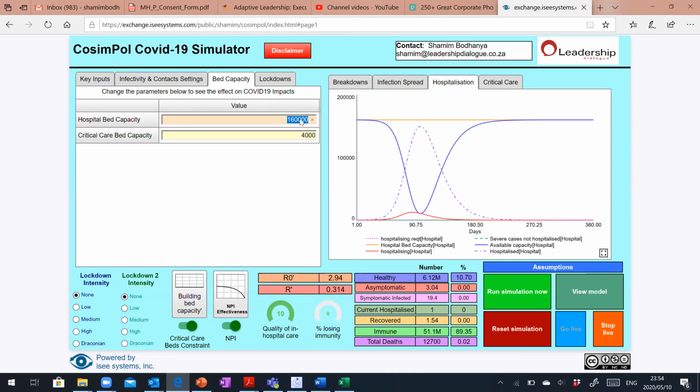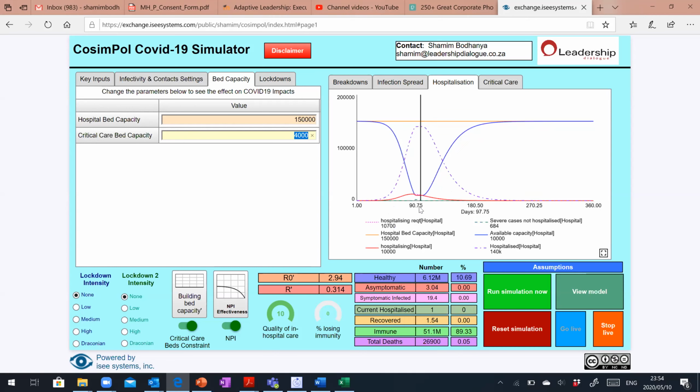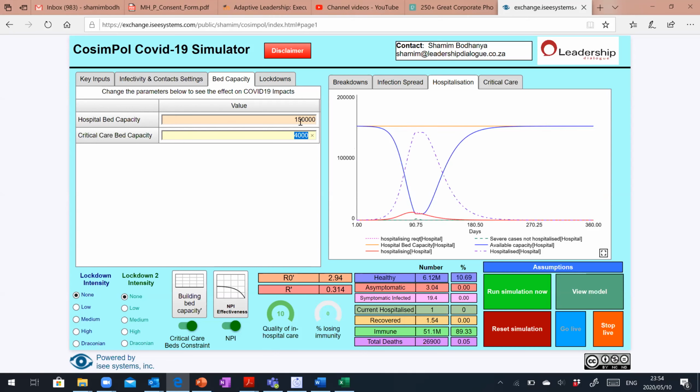So if I now take it down to 150,000, you'll notice that there is a small dent on the green curve. There is a little bit of a peak. So we know that we're sitting somewhere between 150 and 160,000. So let's go 155,000. And we still have a bit of a number there.